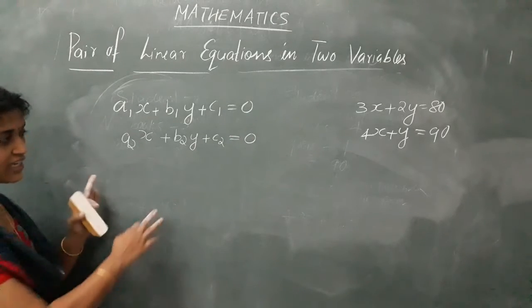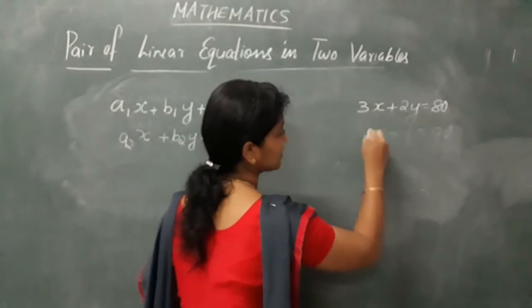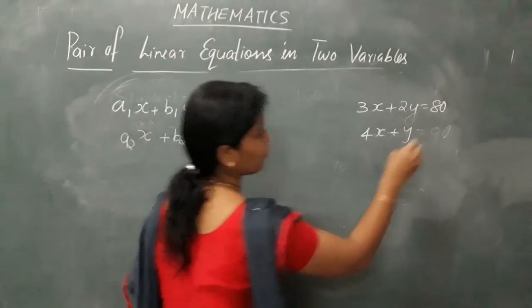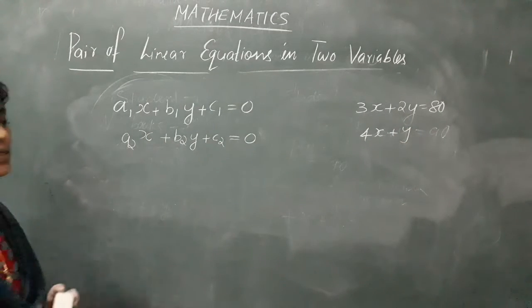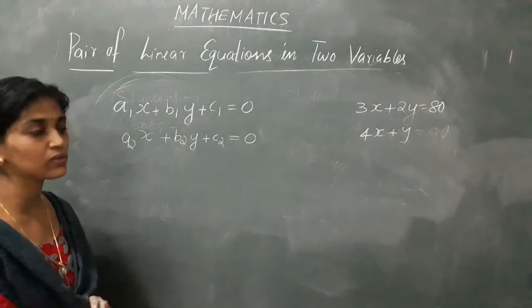The same variables we must use, only the coefficients differ. Clear? That is how a pair of linear equations in two variables is represented.